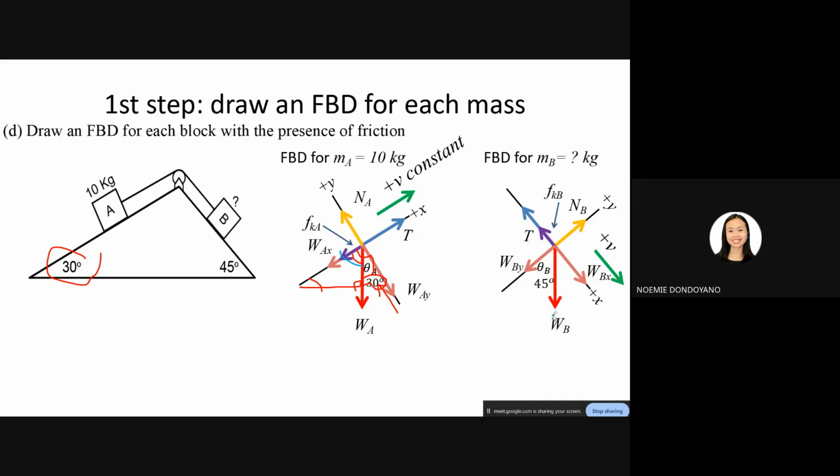Not really, because you're just trying to figure out the expression for WAX or WAY. But if the given is an angle theta, it is shorter if you use theta. The other angle is 90 minus theta every time, so for convenience I take it here so that it is theta again. Okay, copy, sir. Thank you.